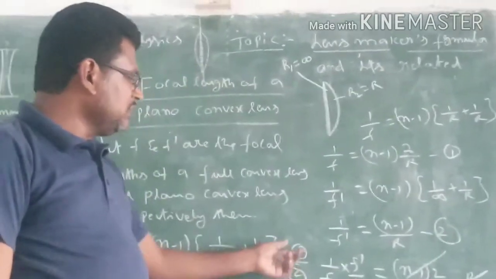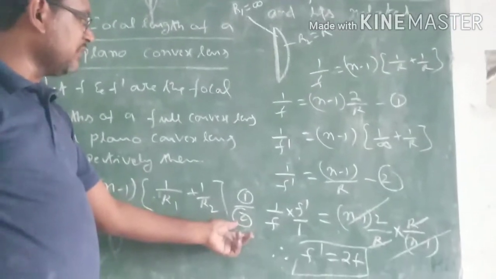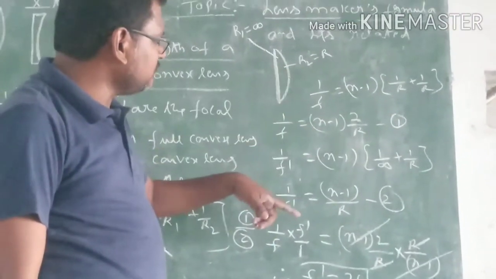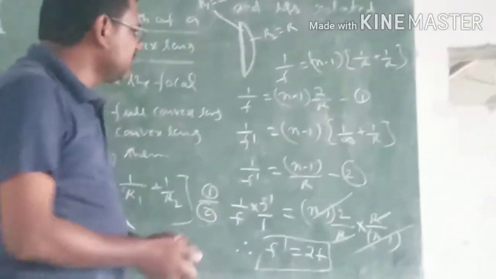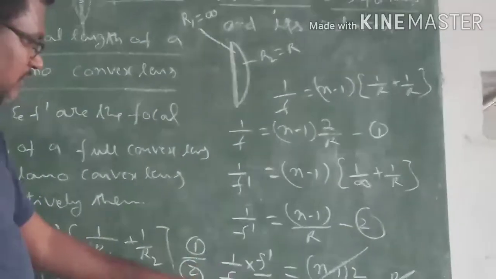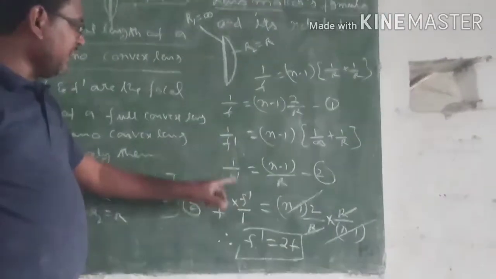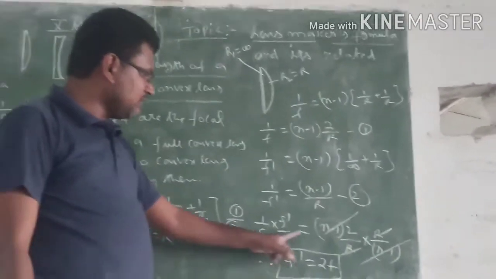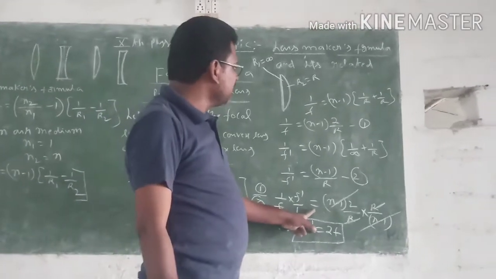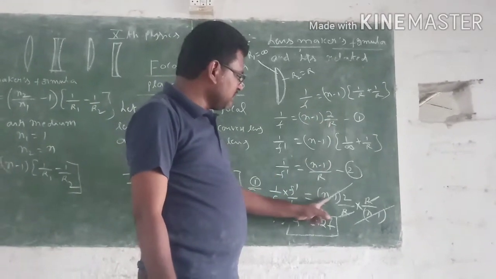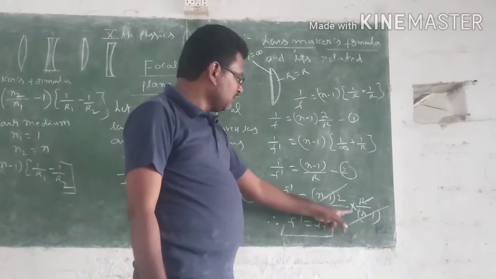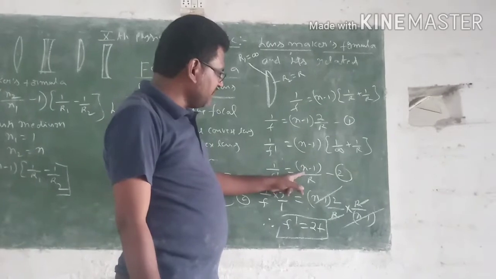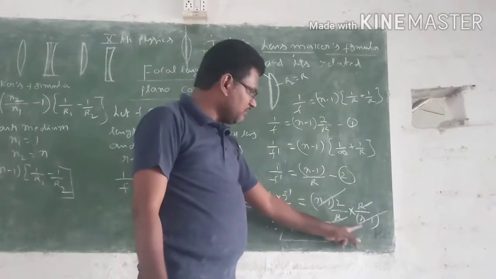Now divide equation 1 by equation 2. On the left side we have 1 by f, and we reverse the left side of equation 2, f dash by 1. On the right side, n minus 1 into 2 by R, into the reverse of the right side of equation 2, that is R by n minus 1.